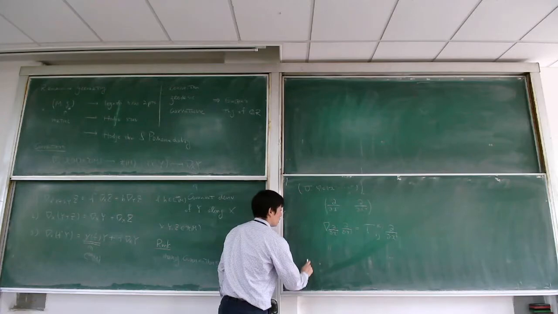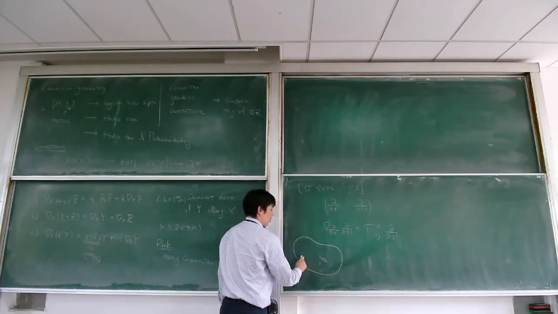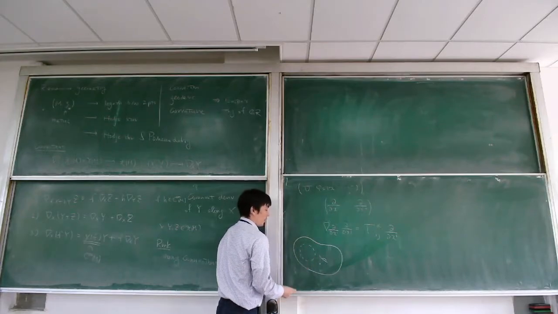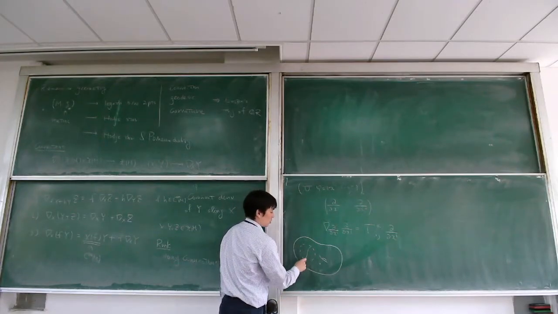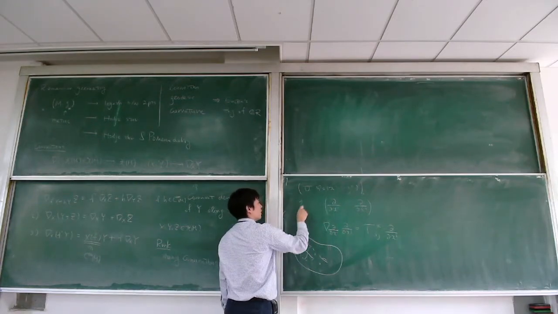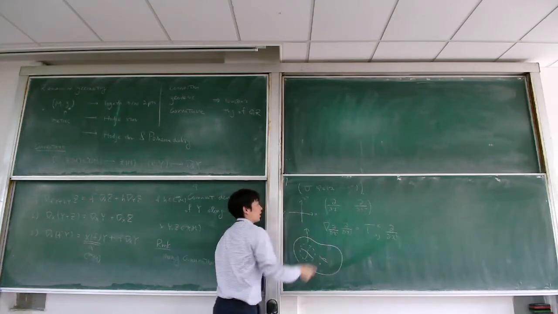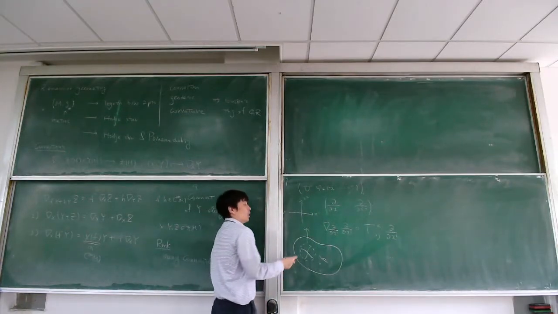So you have a manifold, and an open patch U with local coordinates x1 through xn.